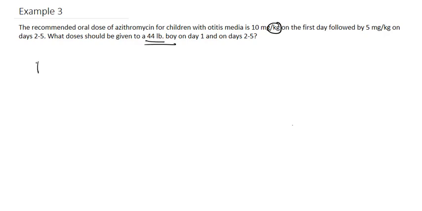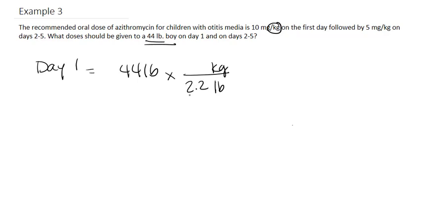We will take, on day 1, 44 pounds, and we know our conversion to convert from pounds to a kilogram is 2.2 pounds per 1 kilogram. Because the pounds are on the top, we need this here in order to cross it out. So now we have the boy's weight in kilograms.